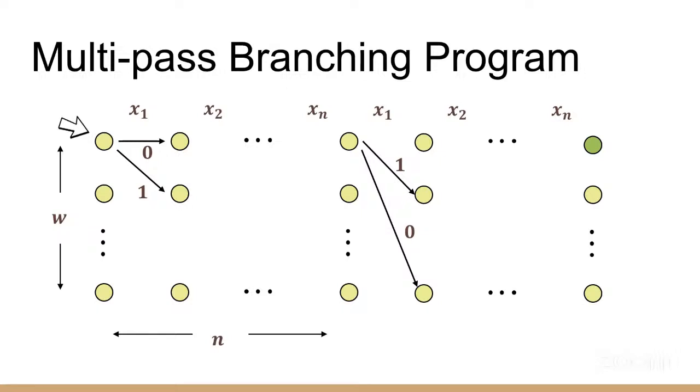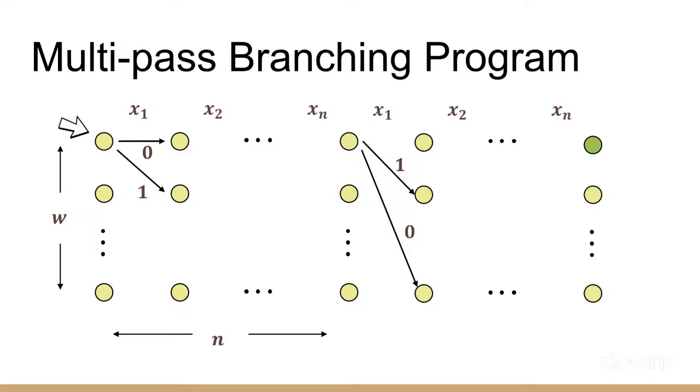If you are considering three passes, then there would be another pass, and so on. It depends on the number of passes you are allowing the branching program. And each time, the sequence of vertices and the edges between them can be different. So it's just an arbitrary graph.